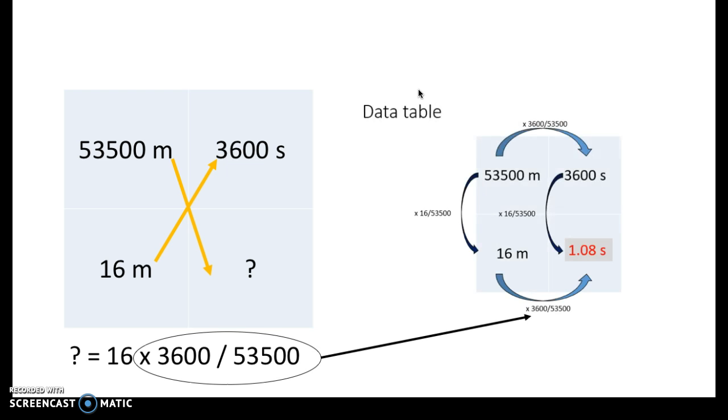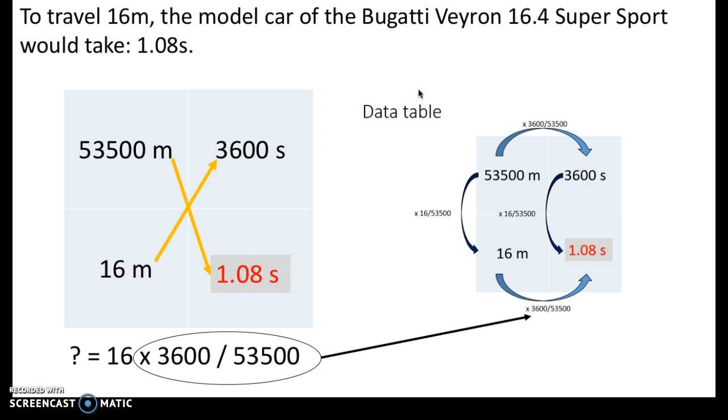What's interesting is we can see that the scale factor, we actually saw it as a within strategy in the previous slide. And of course we end up with 1.08 seconds. This is the time it would take for our model car to travel 16 meters.